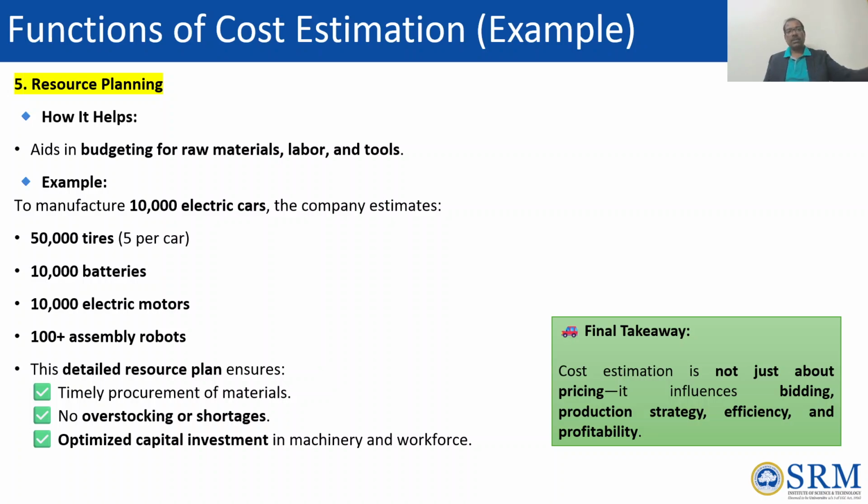So what is important? Timely procurement of materials can be done if we are doing the resource planning and cost estimation properly, with no overstocking or shortage. For example, if we are not planning properly, sometimes we may buy many resources and put them in the storage place. You need to create some storage place also, but if it is not effectively used, that is inventory waste, right?